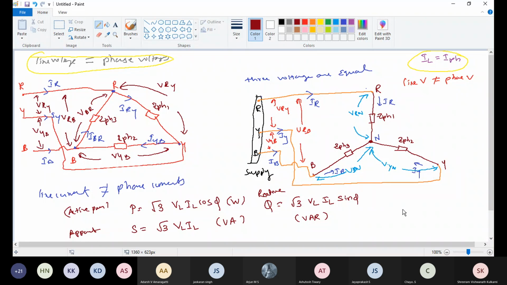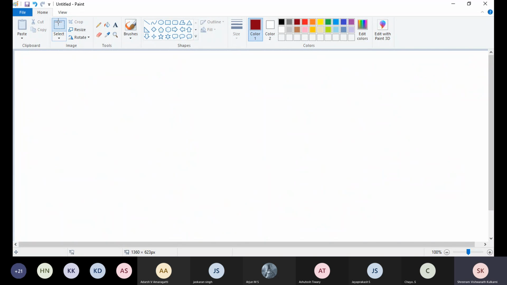Okay. If you know this, now we'll proceed with unbalanced systems. Now here, first in an unbalanced three-phase system, we know what is meant by balanced load. Now unbalanced load.